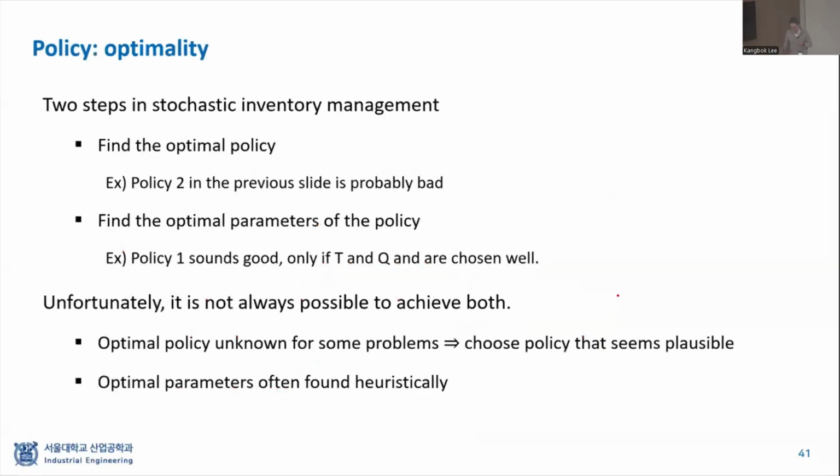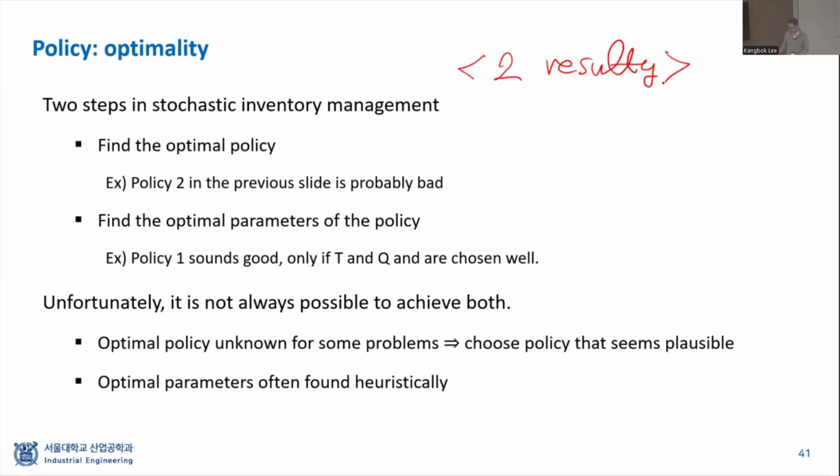Okay, so sometimes we can prove that one specific policy is really optimal for this kind of problem, and at least we have 2 results for this kind of optimality of one policy over the other.